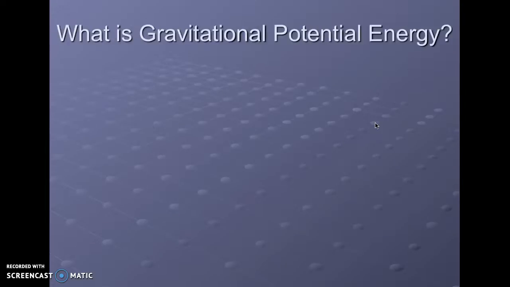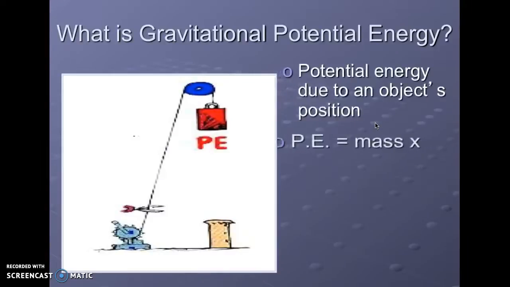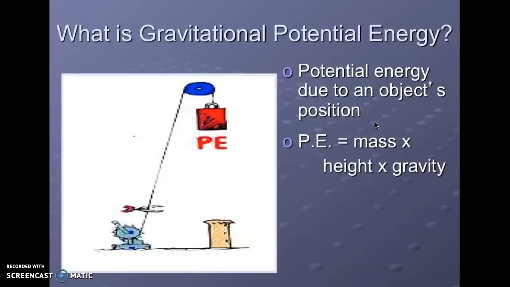So gravitational potential energy deals with where you are relative to Earth. Okay, so when we look at that picture again, it's due to its position. So the higher up an object is, the more gravitational potential energy it has.